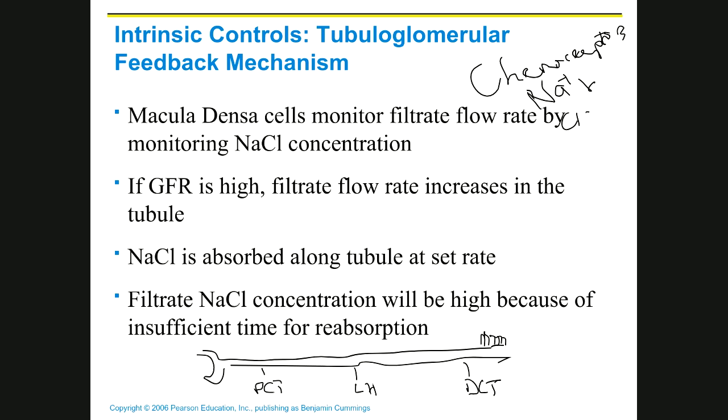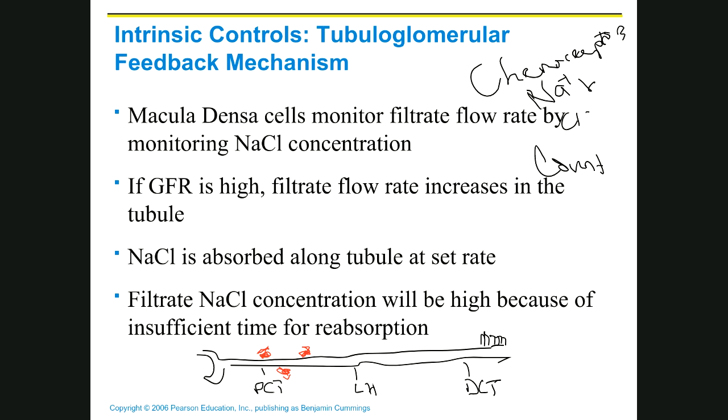And so what they do basically is they count sodiums and chlorides. So as the fluid moves through here, I'm going to start taking out sodiums and taking out chlorides. They're little carriers that pull it out.